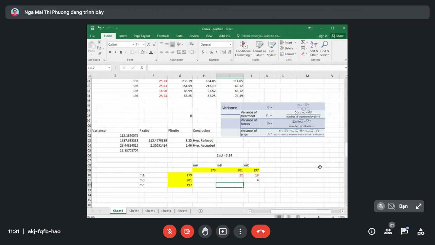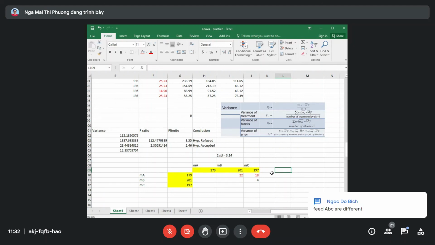We don't have action of block, and what else? The effect of the three fit models is different.